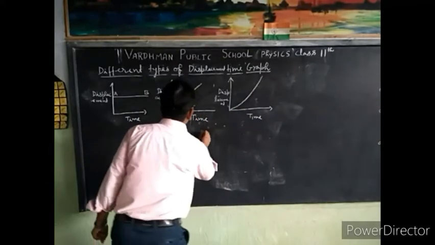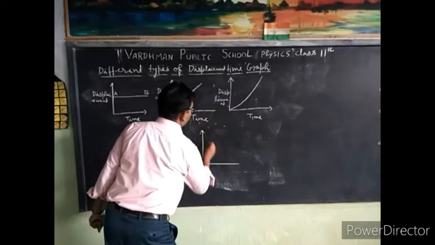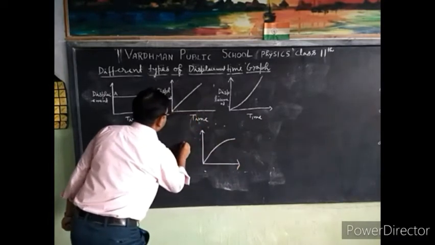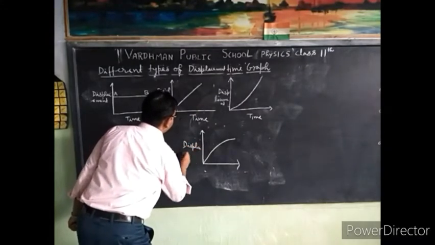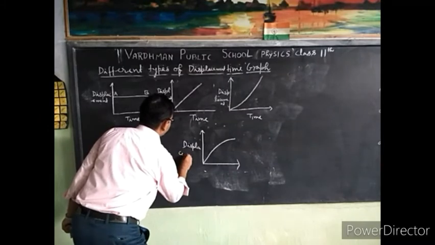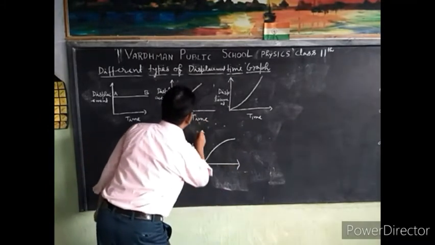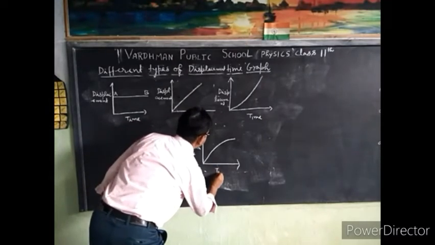Now the fourth graph between displacement and time. Along the y-axis we take displacement and along the x-axis we take time.